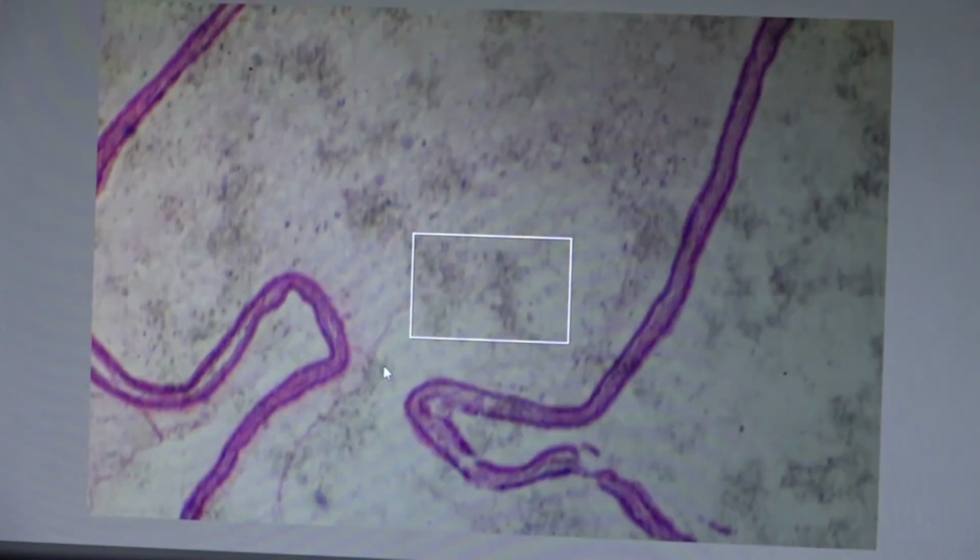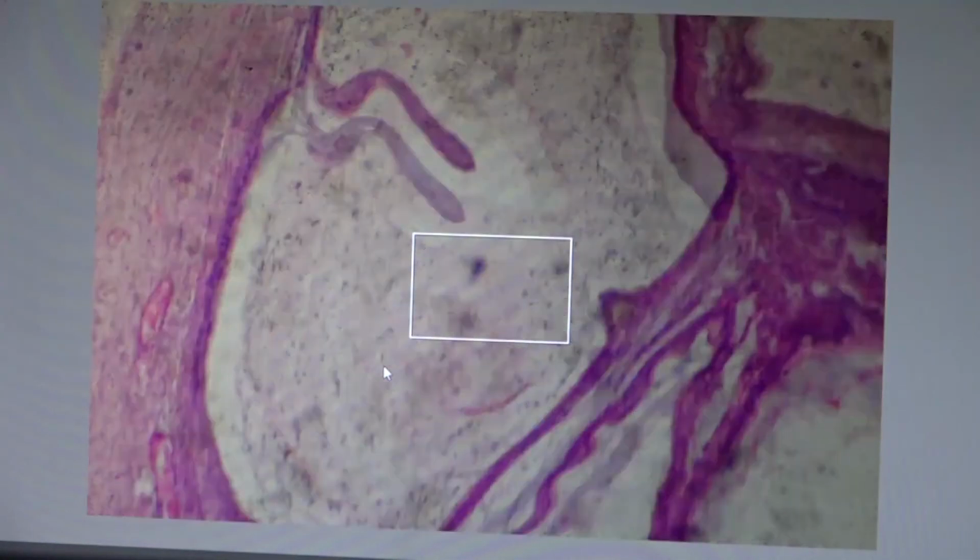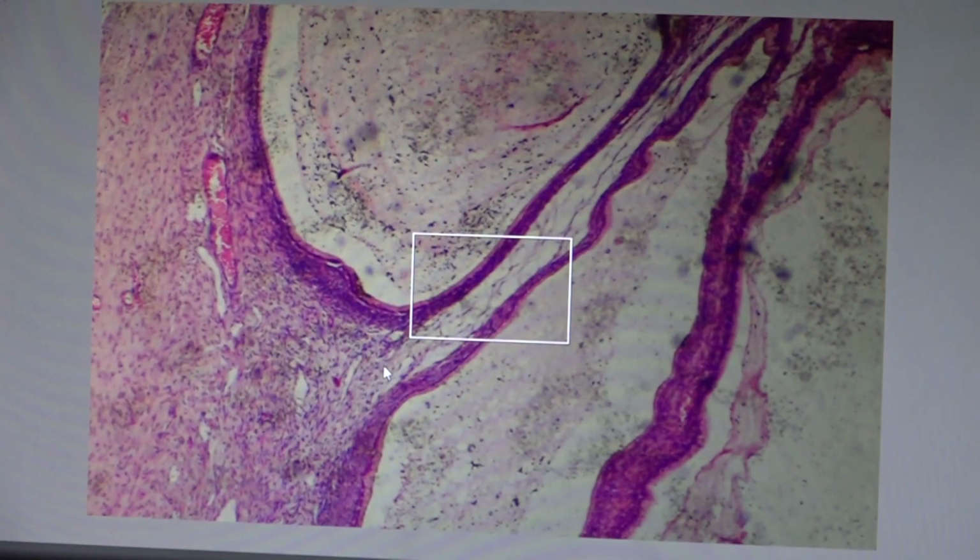Each one is lined by benign looking columnar epithelium and contained mucinous material. This mucinous material usually gets washed out due to the processing agents like xylol or alcohol, so the cavities look empty but the lining epithelium is preserved.